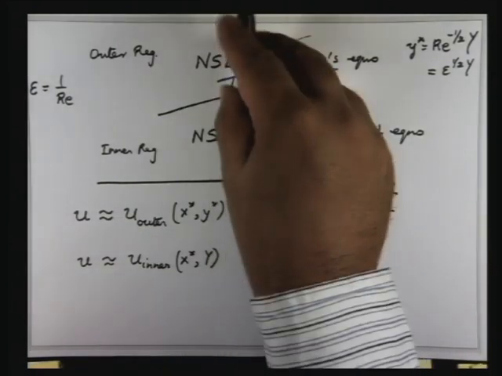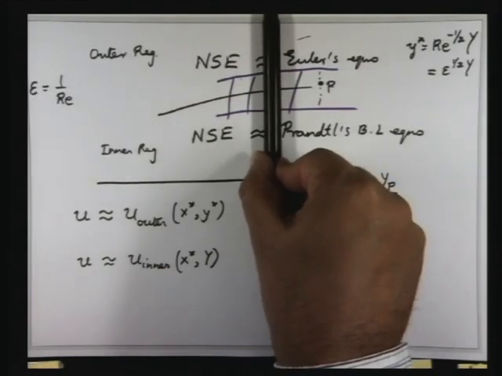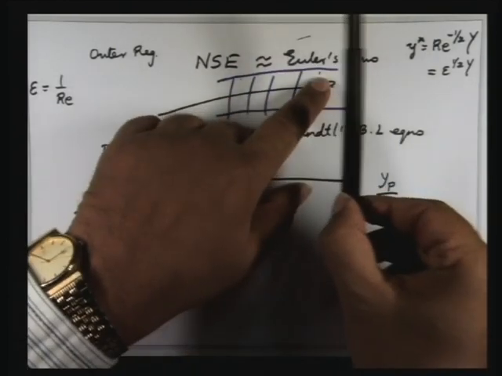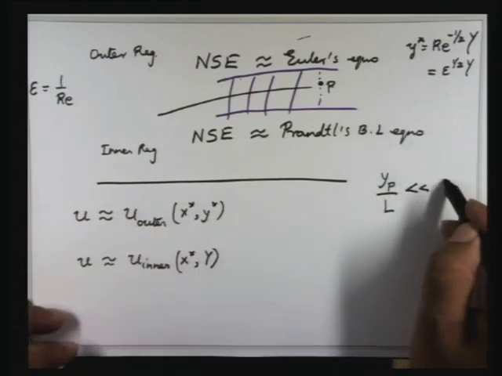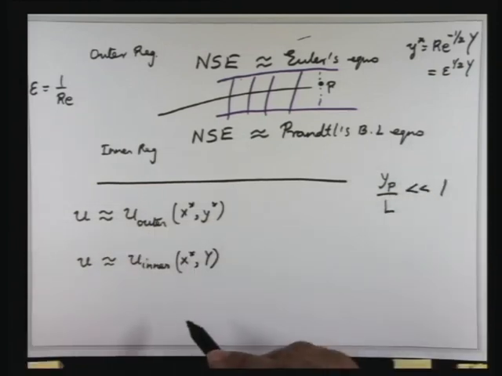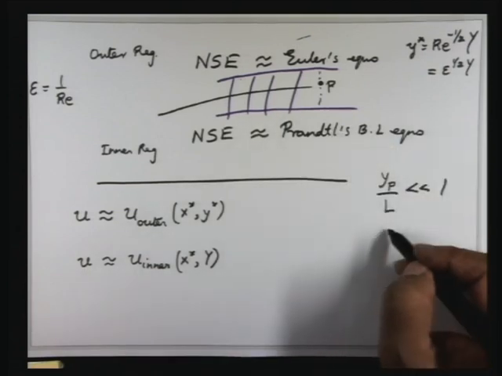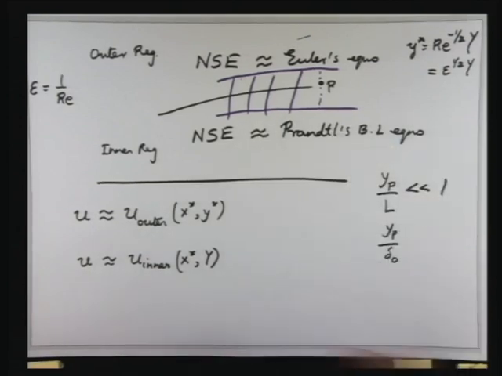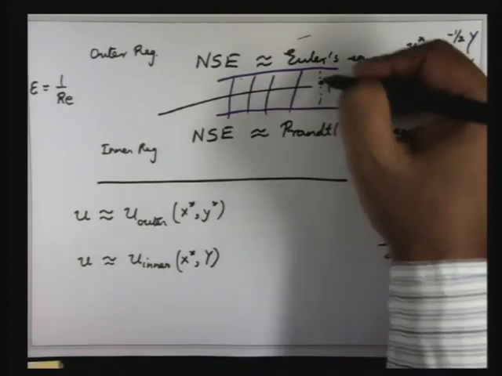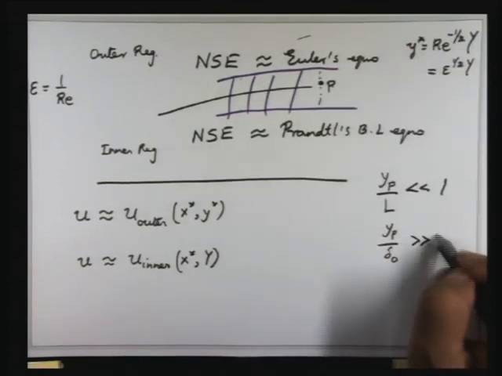L is the length scale in the y direction for the outer region, and this point is close to the wall. So yp by L is going to be much less than 1. But if I take the same y coordinate and non-dimensionalize by delta naught, this is going to be much larger than 1.